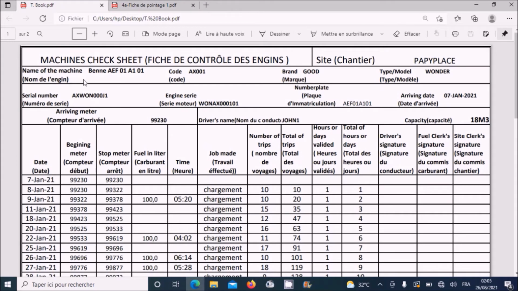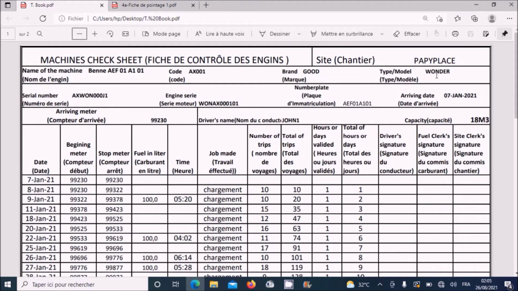So we have an example here. The truck. This is a truck. It is in a file. Here we have the barcode. We have the brand.